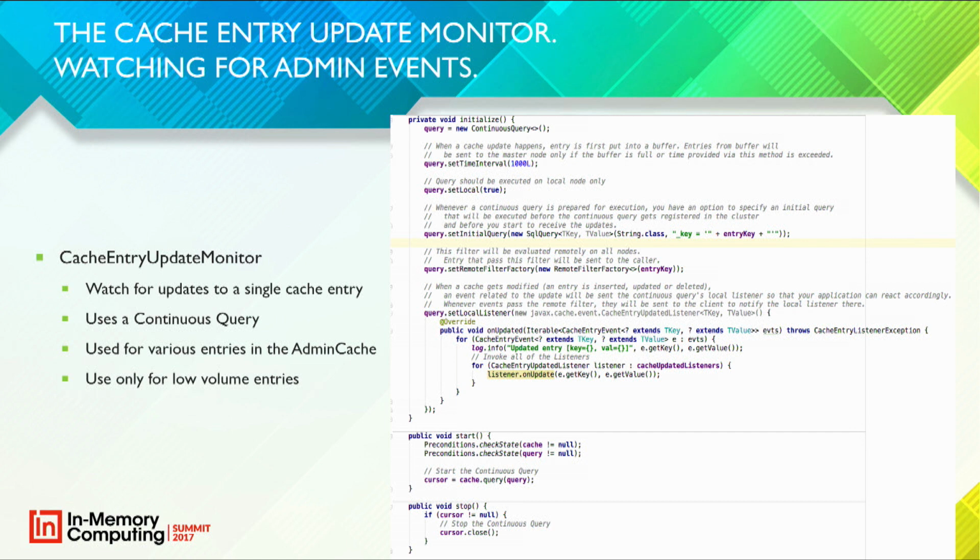So basically, we start them when we need them, turn them off as soon as we possibly can after we've pulled the data out on any given node. So you would only want to really use them, in my humble opinion, for something like an administrative cache like this, which has very, very low writes to it.